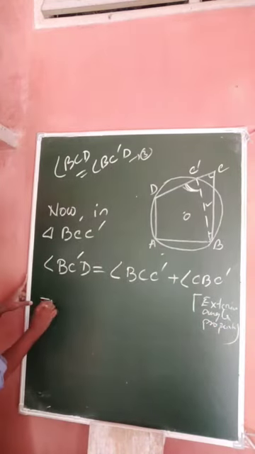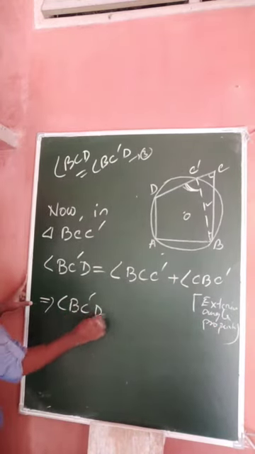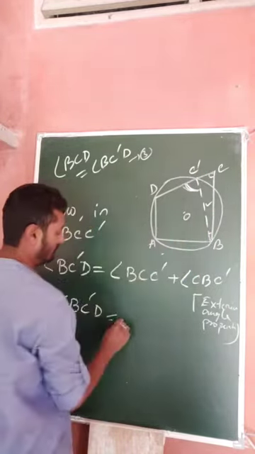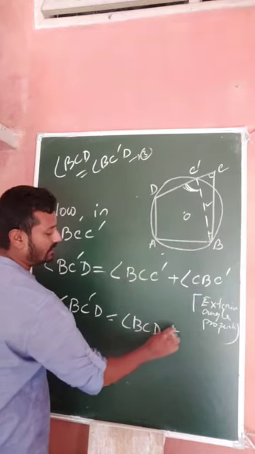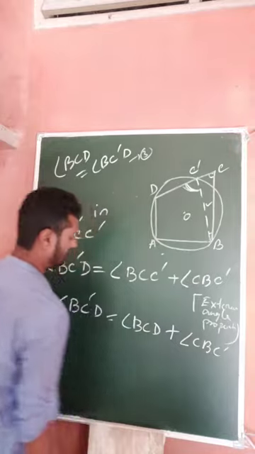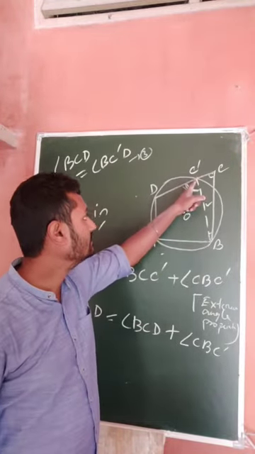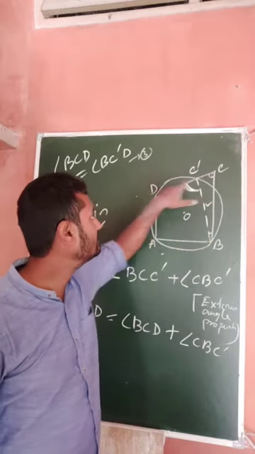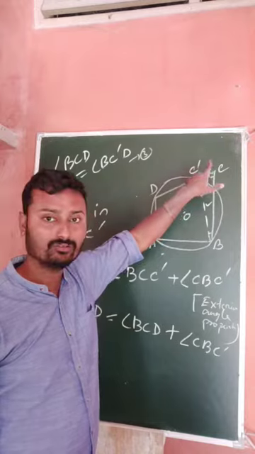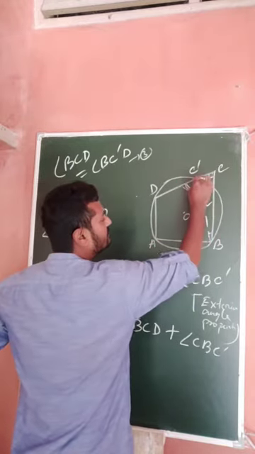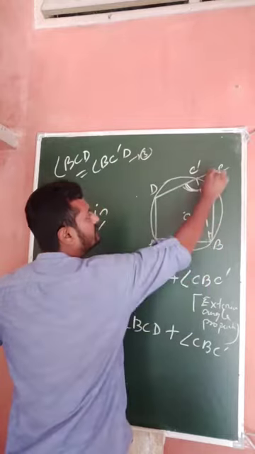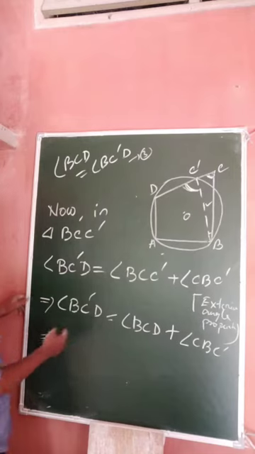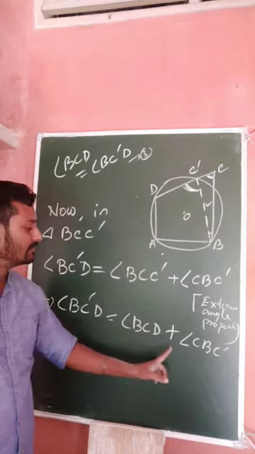Instead of BCC dash we can write BCD, the same angle remains. So you get BC dash D is equal to BCD plus CBC dash.